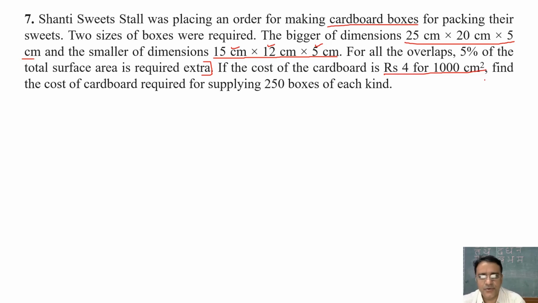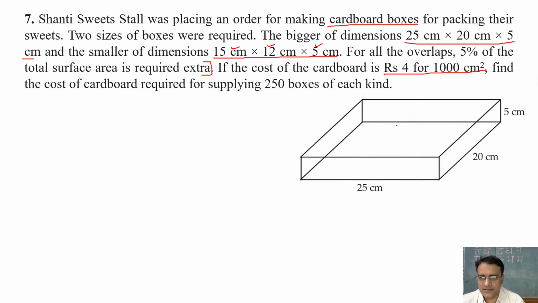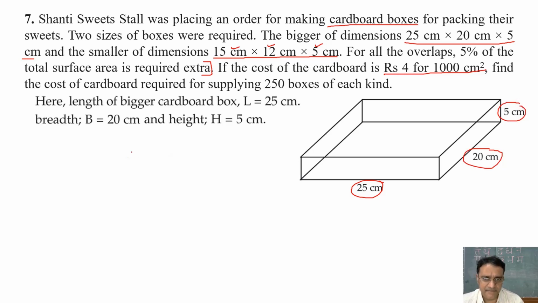Question is clear to you? Clear to all of you? Yes, sir. Okay. So this is the big box. Length is given 25 centimeter, breadth is given 20, and height is given 5. क्योंकि बड़ा बॉक्स है इसलिए सब कैपिटल में लिखे हैं. So what is the total surface area? Formula? 2 into LB plus BH plus HL.